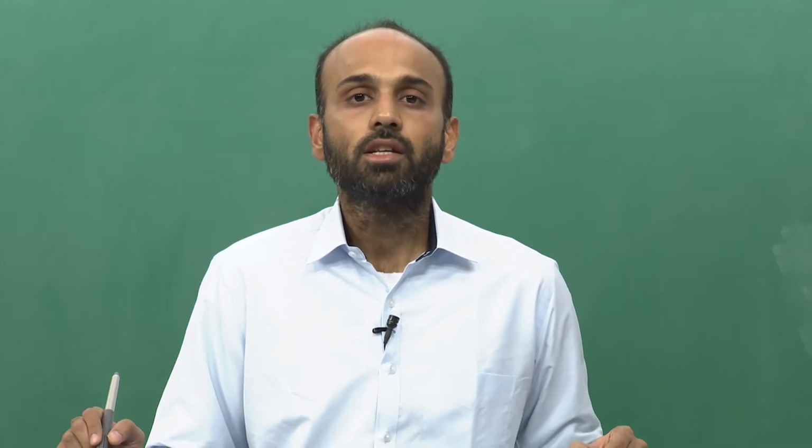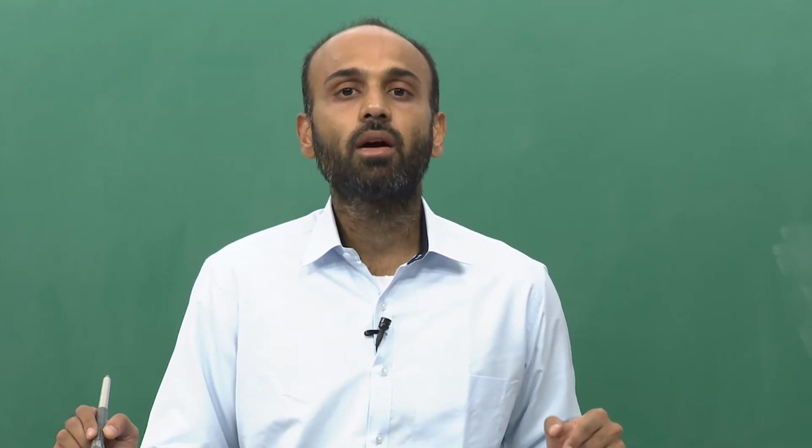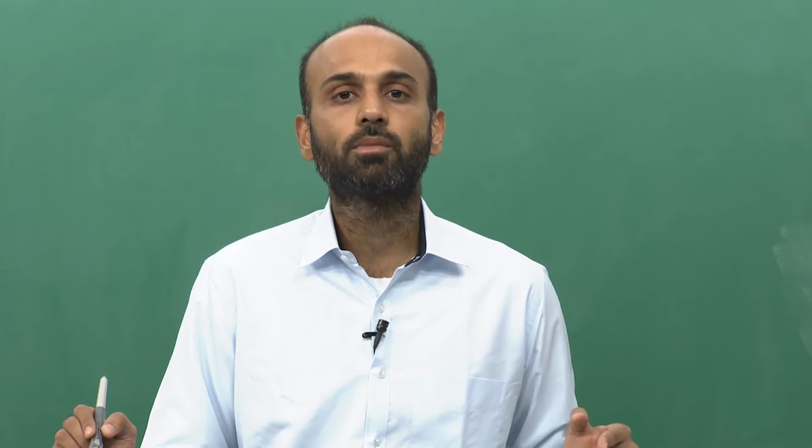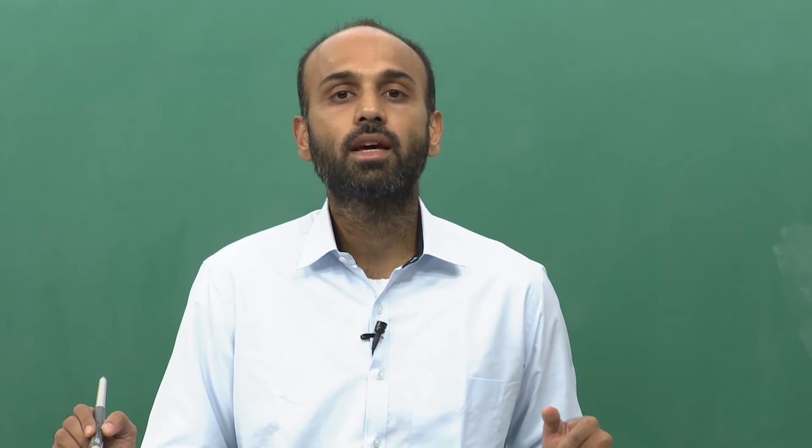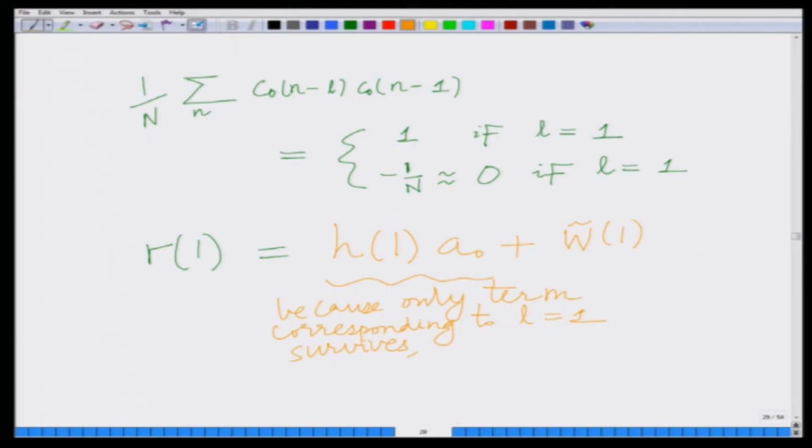Similarly, one can correlate with C naught n minus 2, that is shifted by 2 chips, C naught n minus 3, so on and so forth, C naught n minus L plus 1.